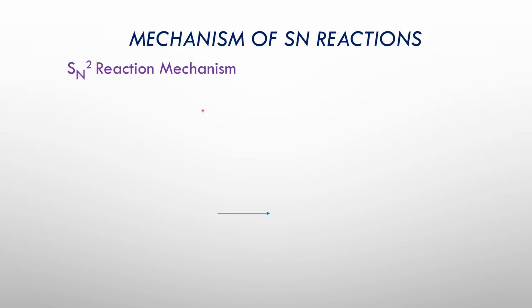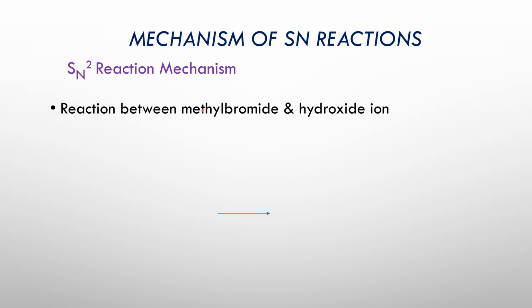We shall study the mechanism of SN2 reaction. This is the reaction between methyl bromide and hydroxide ion. The reaction between methyl bromide CH3Br and hydroxide ion OH-, which is from the nucleophile sodium hydroxide or potassium hydroxide, NaOH or KOH.